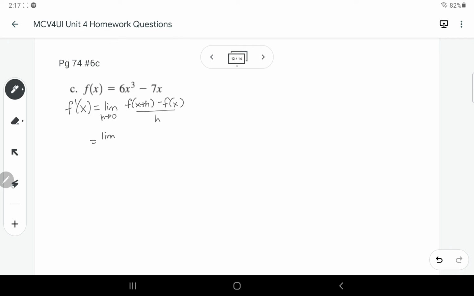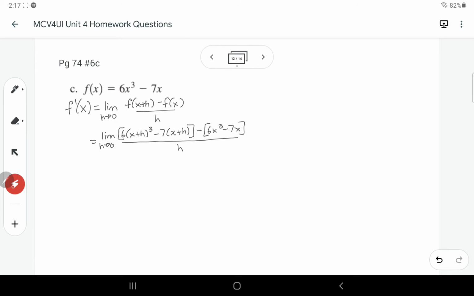So this is the limit as h approaches 0 of 6 times x plus h cubed minus 7 times x plus h minus 6x cubed minus 7x all over h.